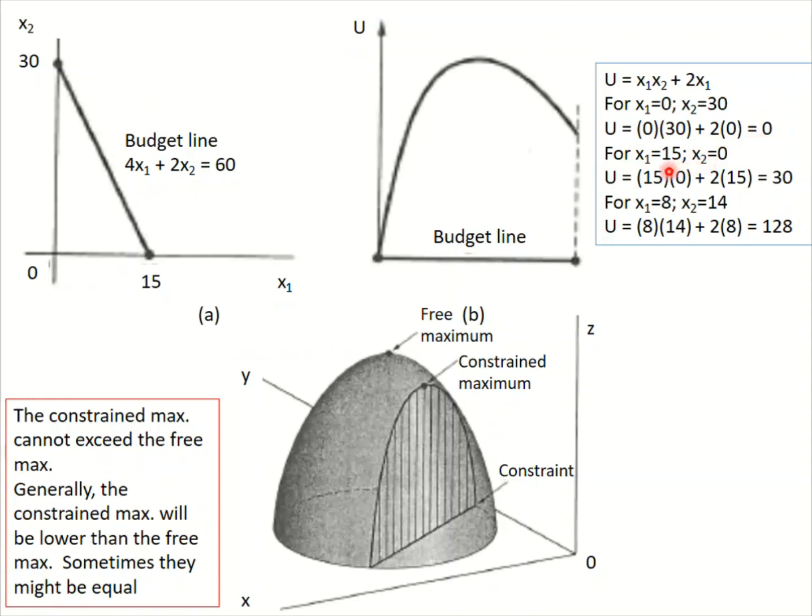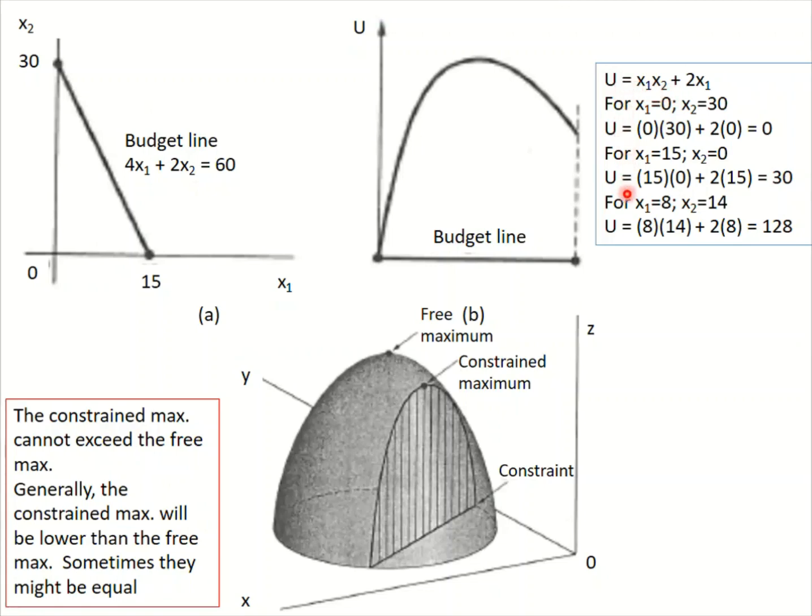At the opposite extreme, if we consumed 15 units of X1 and 0 units of X2, that would be a point like that, and if we plug into our utility function for X1 and X2, utility would be 30. For any other combination of X1 and X2 that we might consume, we can calculate the utility.